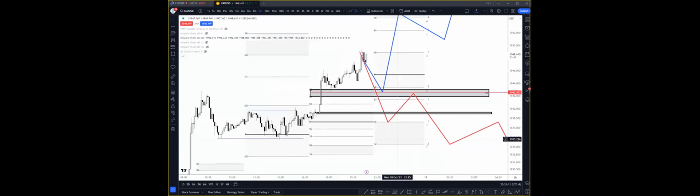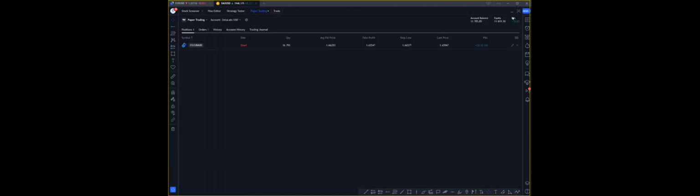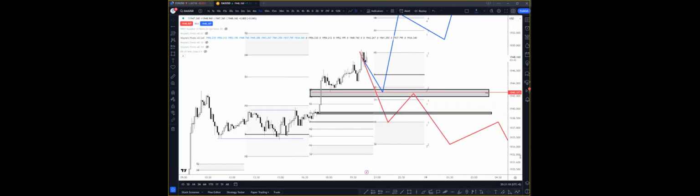Where is our order block? Our order block will be here. Our order block will be this last candle on the 5 minutes before it moves up. So I will expect prices to be coming down.